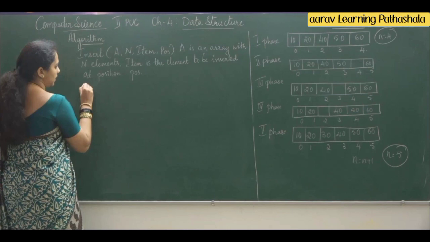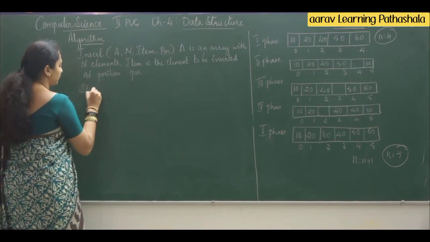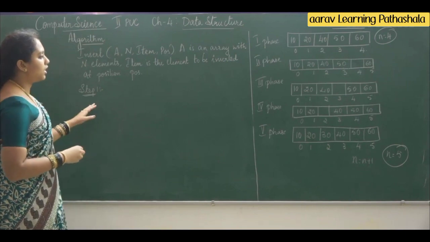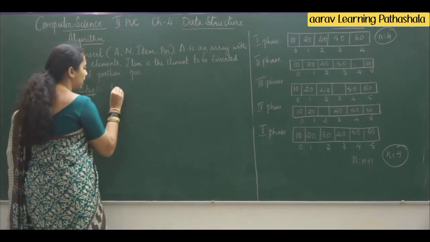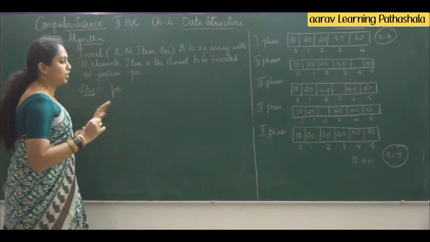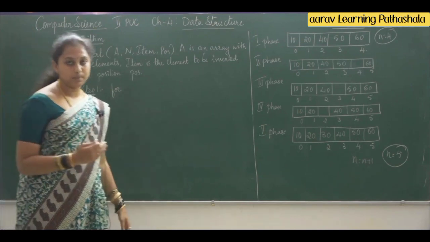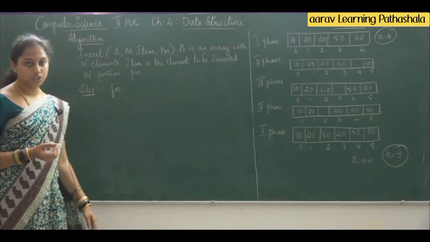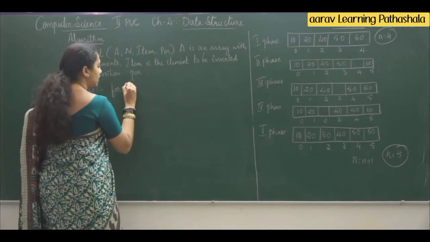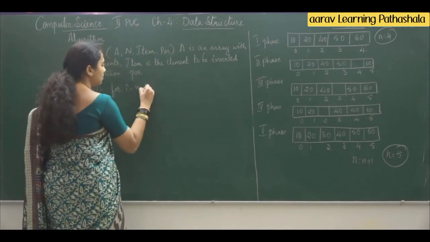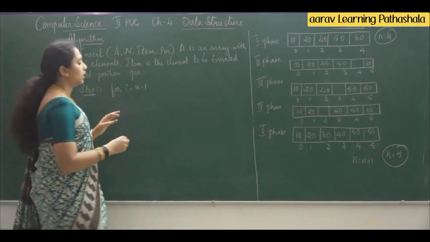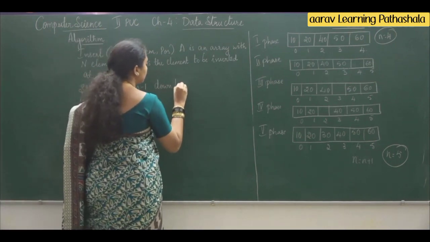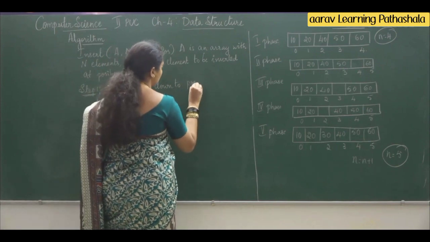So what is the first step? So using the for loop, I am going to shift all the elements to its next higher position. For I is equal to n minus 1 down to position.